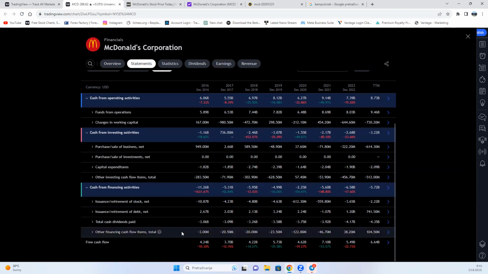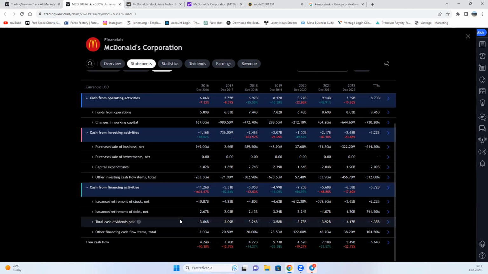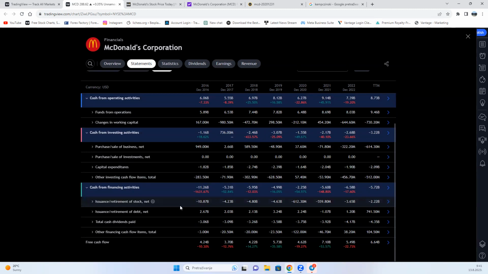So you have here certain subsections. Let's say McDonald's stock is a stock that pays dividends. First, we know that in the year 2022, McDonald's got 7.39 billion in cash.